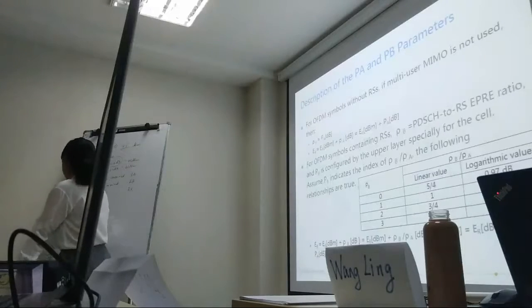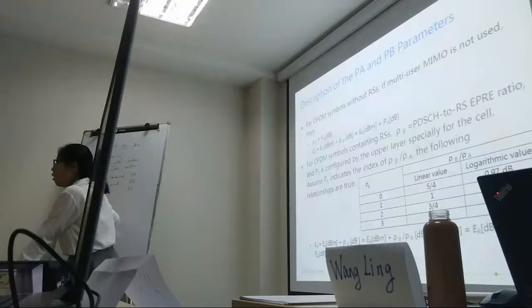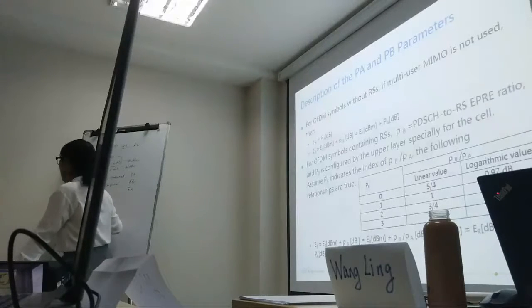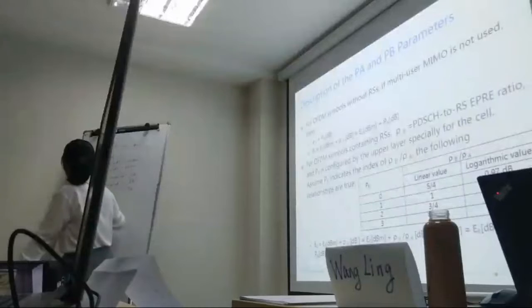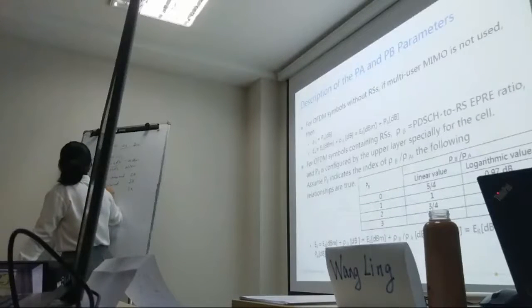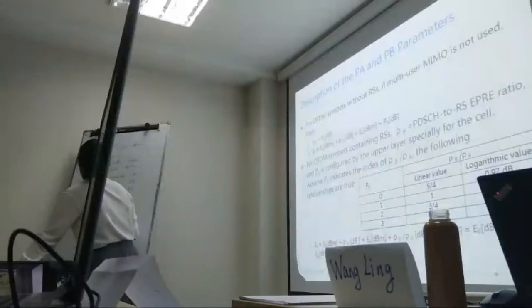So if we set the RS power, for example, to 10 milliwatt, and I set the EA to 5 milliwatt, you get rho A is half, yes, and you get the PA equal to -3.